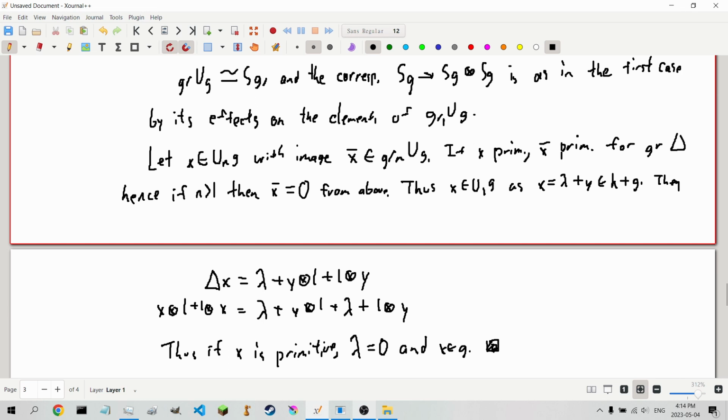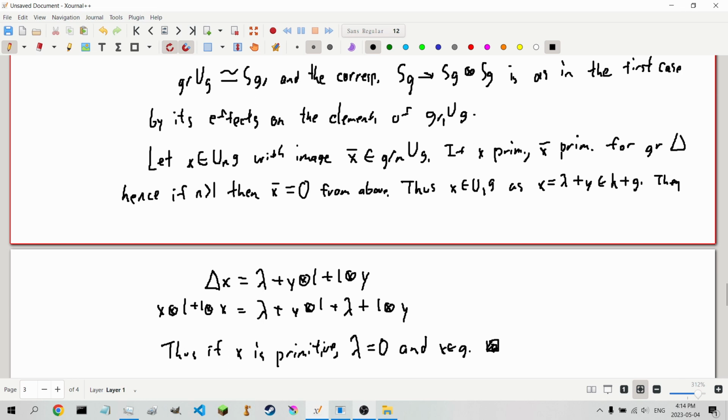Thus, we have x in u sub 1 of g as x is the sum of an element in k and an element in g. Then let's just go ahead and make a new page.